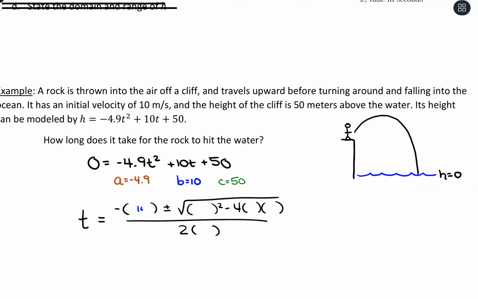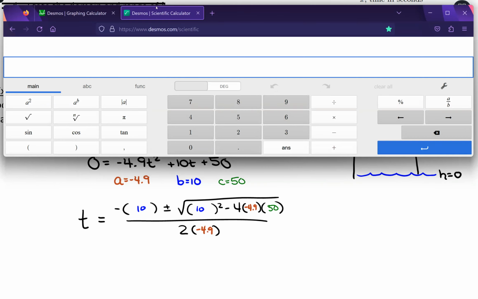And then we'll plug in our values. This is going to be messy, so we're going to go over to the calculator to help us out. Let's go to the Desmos Scientific Calculator and plug these in.